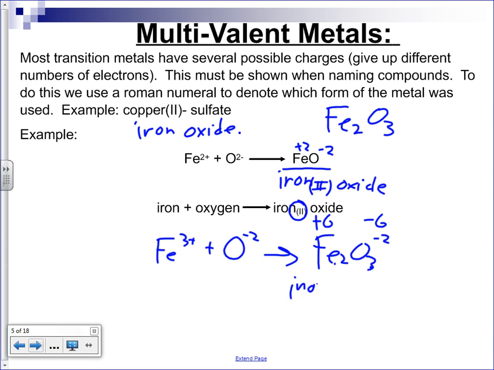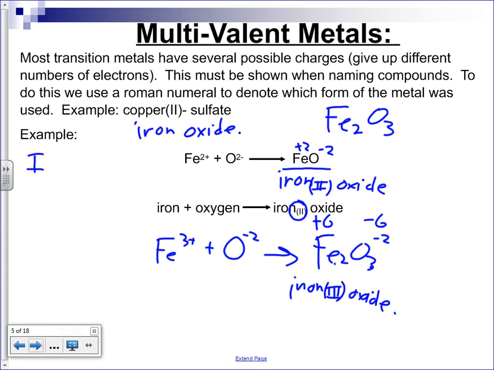So this is iron 1, 2, 3 oxide. So you just have to work backwards a little bit. You're not going to do that often because we don't get a lot of compounds that involve multivalent metals. But it is important that you know how to do it, and that'll be something that's new for you from last year.